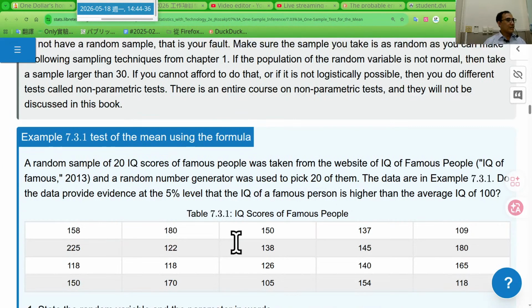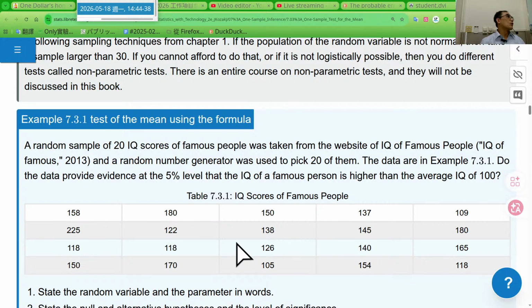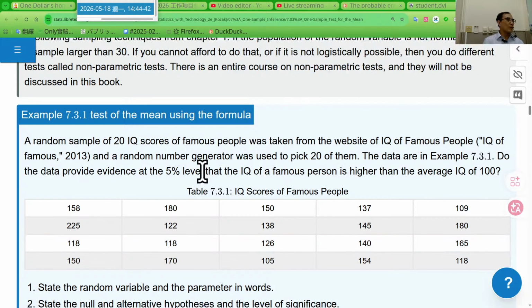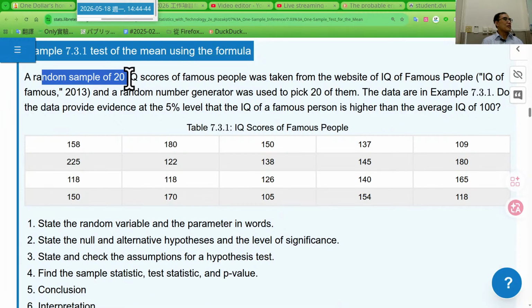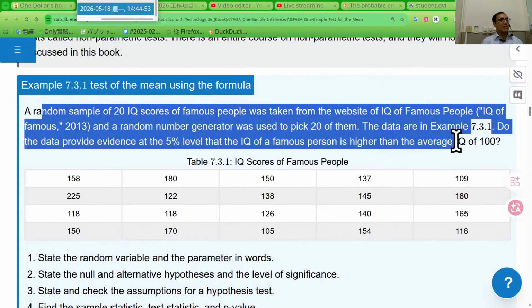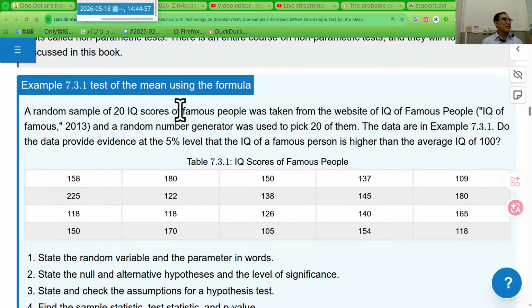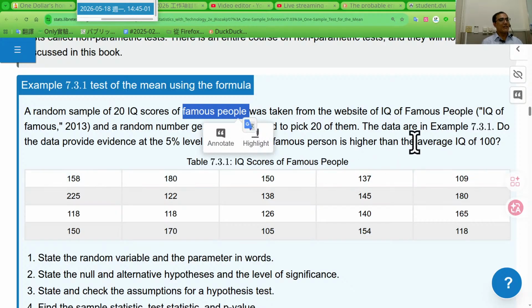And here, last week we learned about example 7.3.1. A random sample of 20 IQ scores of famous people was taken from the website, and the assumption is that famous people's IQ is higher than the average.